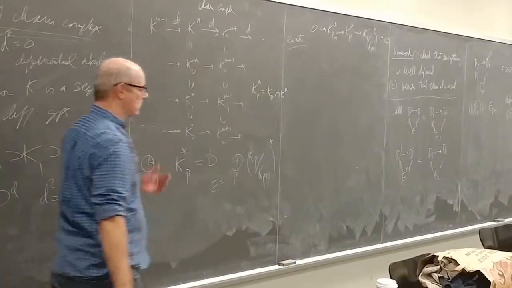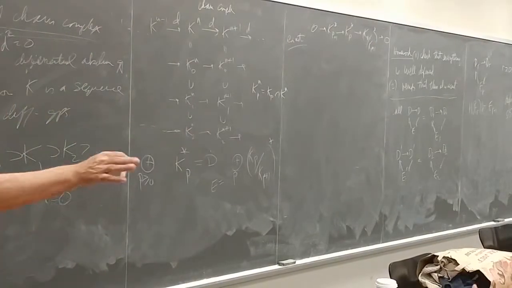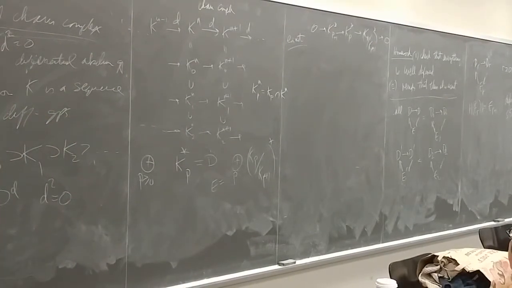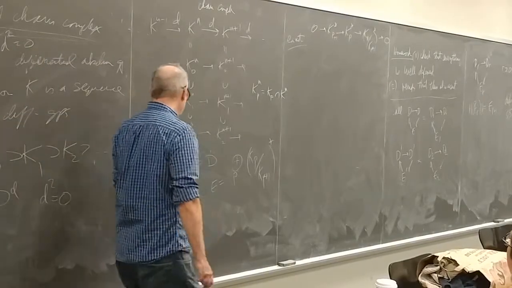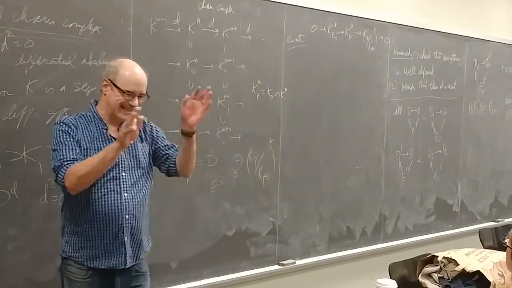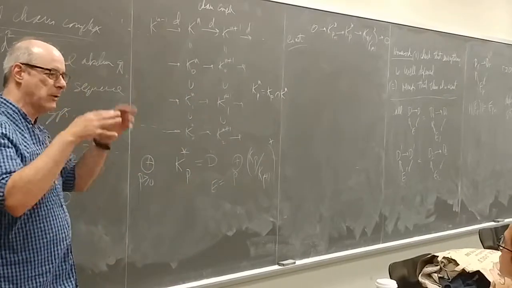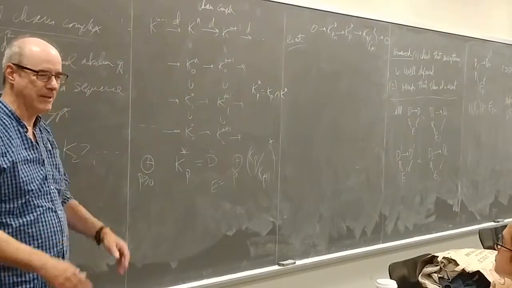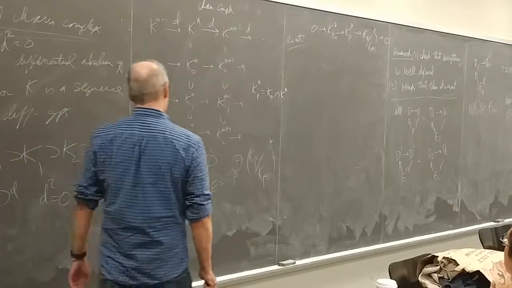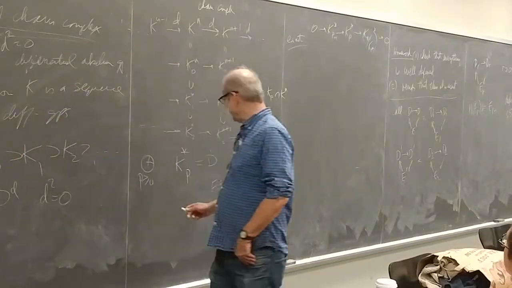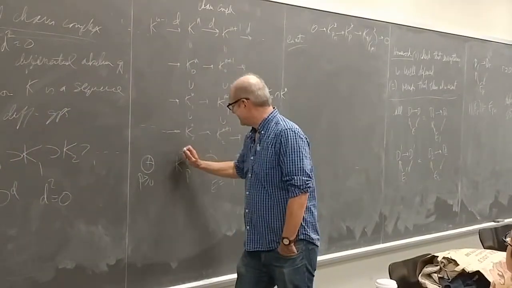If I write star, it just means there's a grading there, but I'm not paying attention to it. Like direct sums, yes, that's probably a better way to write it.